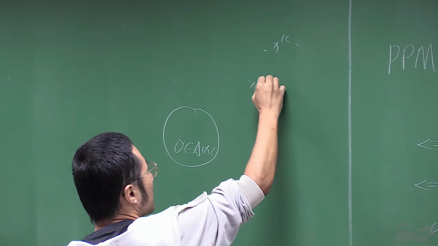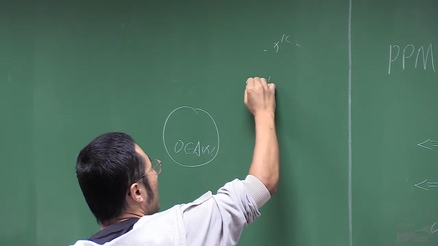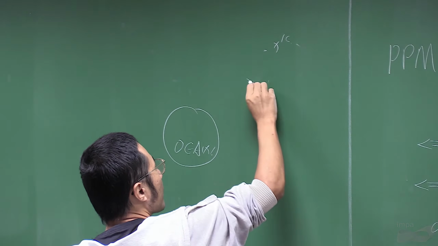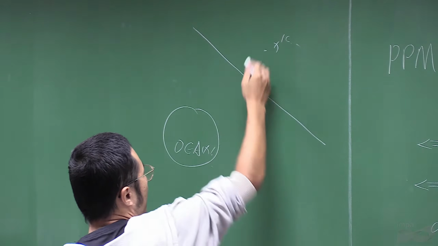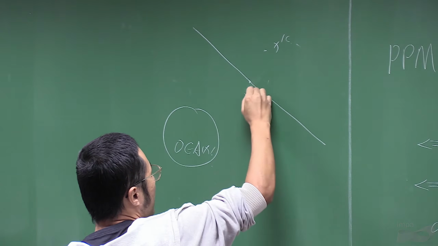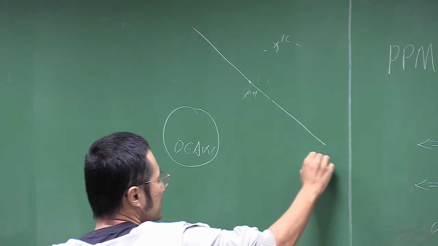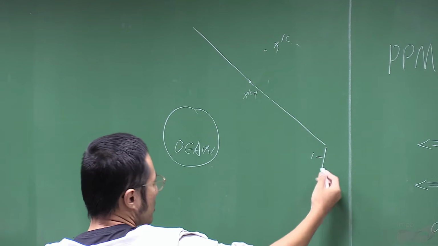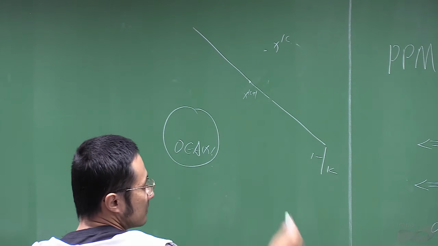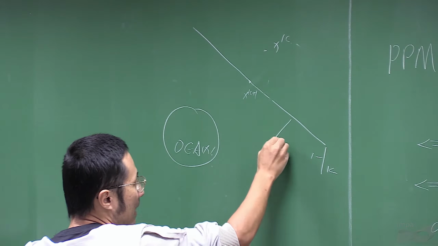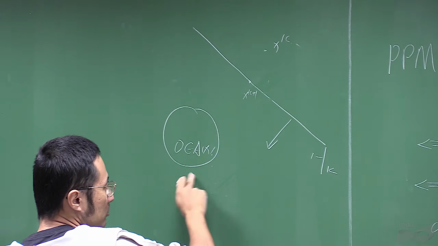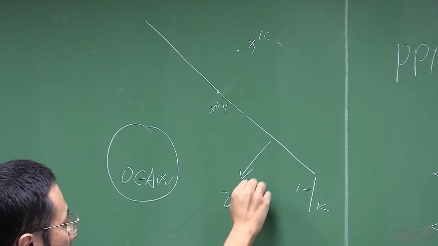Then we can find a hyperplane, which we call Hk, separating the solution set and the point xk. The direction of vk plus 1 points toward the solution set.